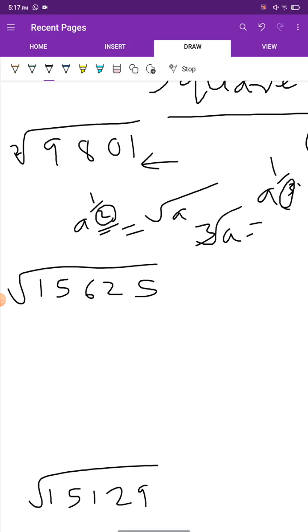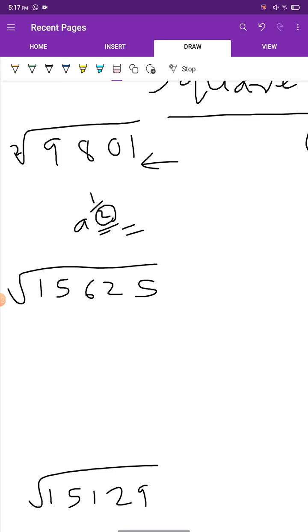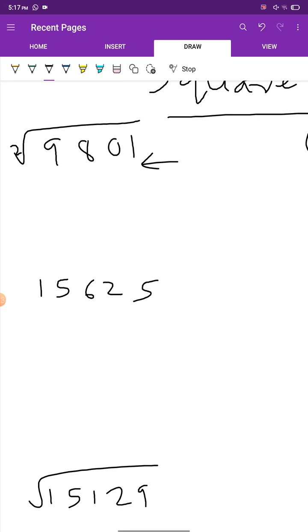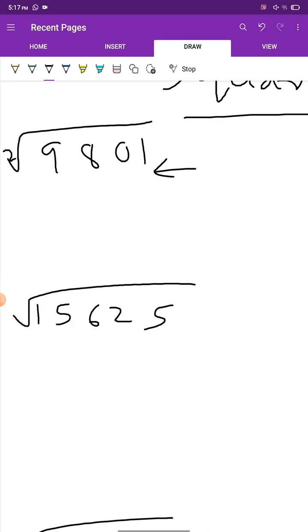In another video I am going to explain cube root. In this video I am going to explain square root. So here, as it is square root, we need to ignore the last 2 digits.